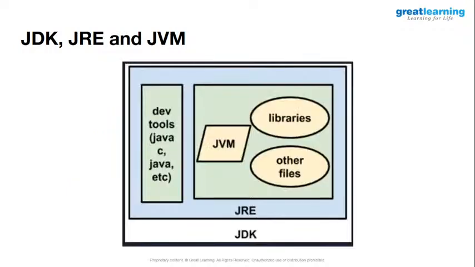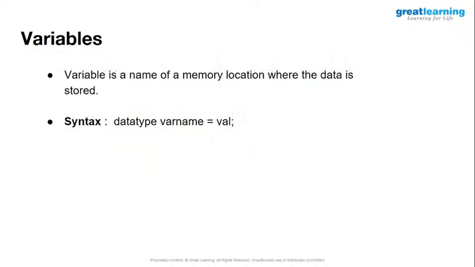Now let's talk about the most important thing. Now we are into the programming end of this topic: variables. If you want to store water in day-to-day life, you use a bottle, right? If you want to store rice or anything like that, you use a container. Similarly, if you want to store any value in Java, you need variables, and the syntax starts with a data type.